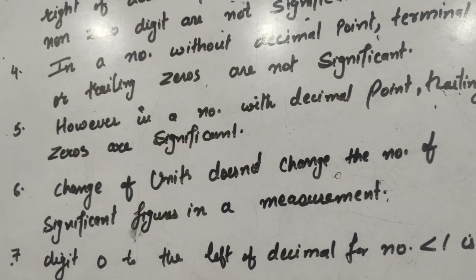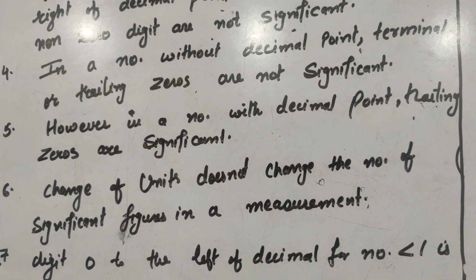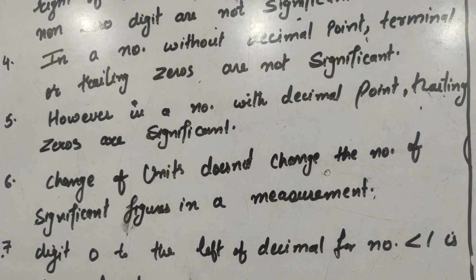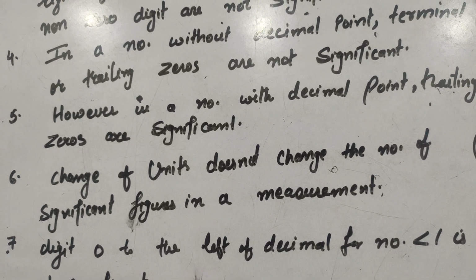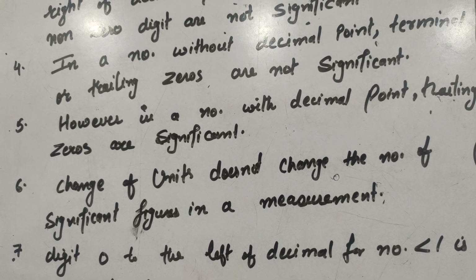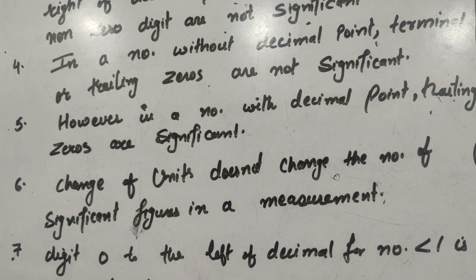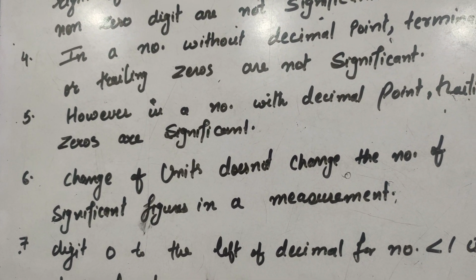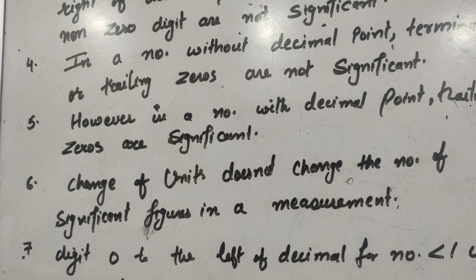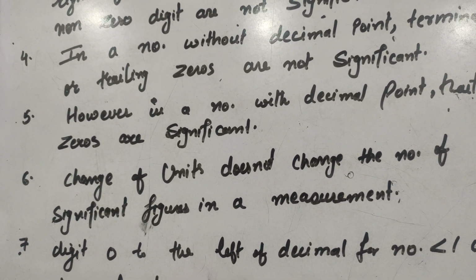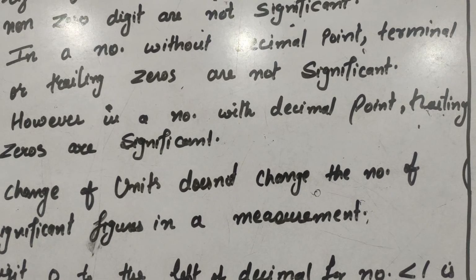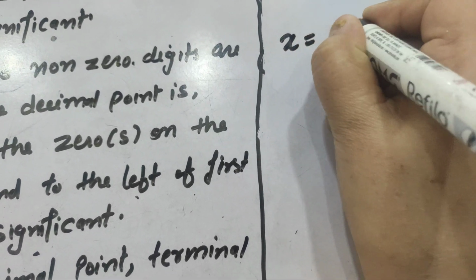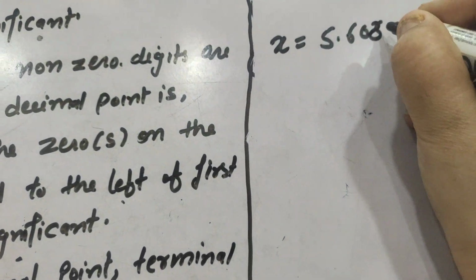The sixth rule is that a change of units does not change the number of significant figures in a measurement. Whatever system of units you take, whether you measure in meter, centimeter or millimeter, the number of significant figures of that physical quantity remains the same. For example, let the length be measured as x is equal to 5.608 centimeter.